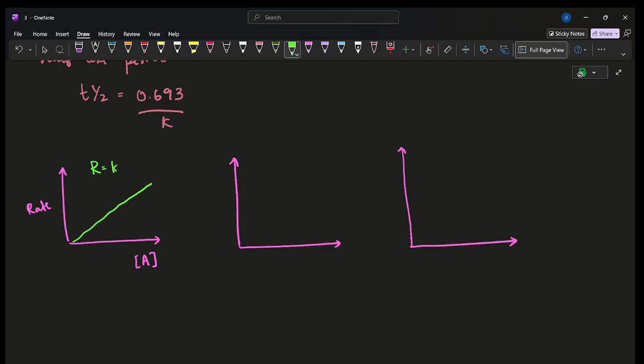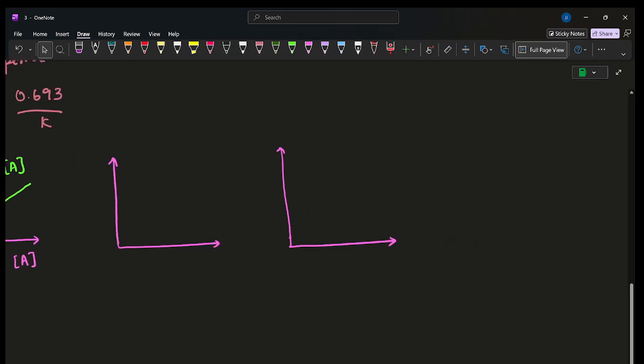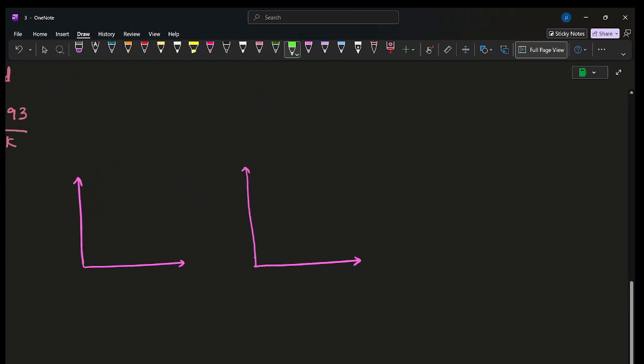R is equal to K times A. Next, let's take t half as well as concentration of A. It's going to be a straight line parallel to the concentration axis because it does not depend on it, because the formula is 0.693 by K.